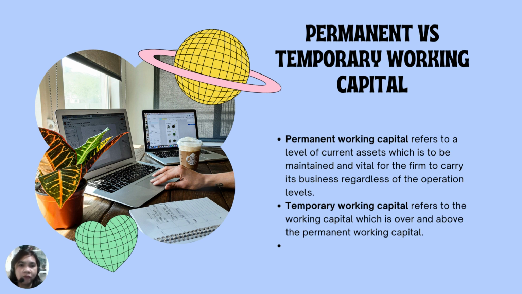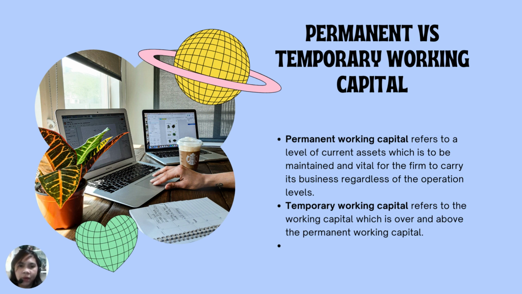Again, level of current assets, which is to be maintained. So, yung mga current assets na gagamitin natin as working capital, dapat po ma-maintain. Okay, kaya po yung tinawag na permanent working capital.